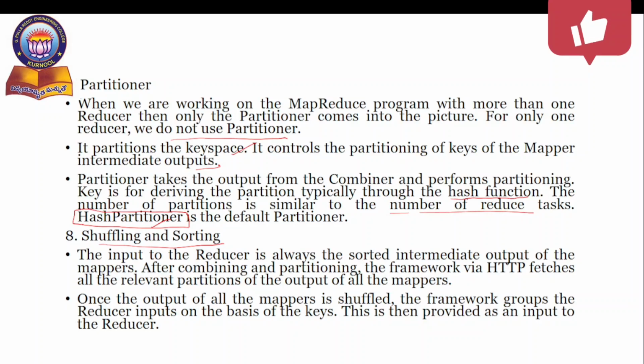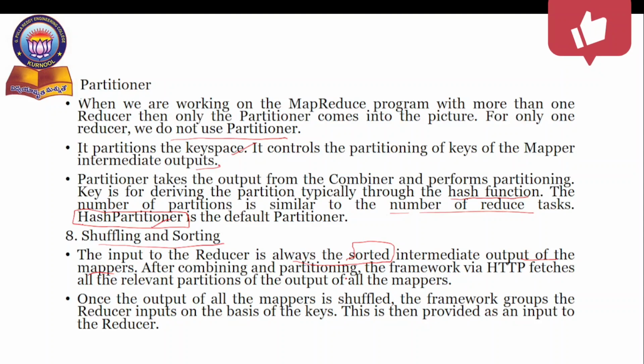And the next phase is shuffling and sorting. The input to the reducer is always the sorted intermediate output of the mappers. That is, the output generated by the mapper will be sorted in an order, and that order will be given to the reducer as input. So it's mandatory that sorted data is always given to the reducer.